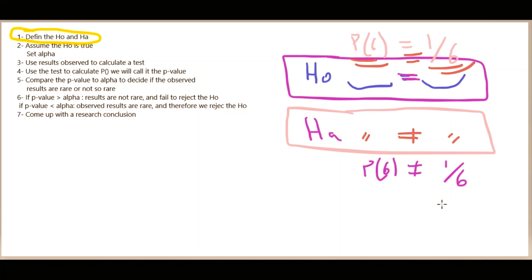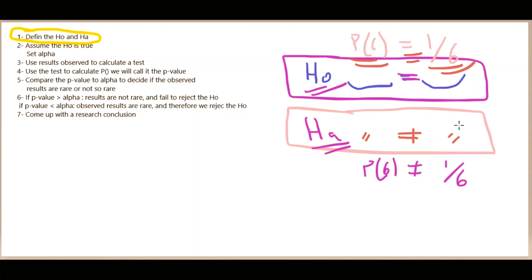You're just saying, okay, it's not equal to 1 over 6. And you're letting yourself be ready to accept any other possibilities as long as it's not 1 over 6. So that is the null hypothesis and the alternative hypothesis. You get yourself ready for having a null and an alternative hypothesis.